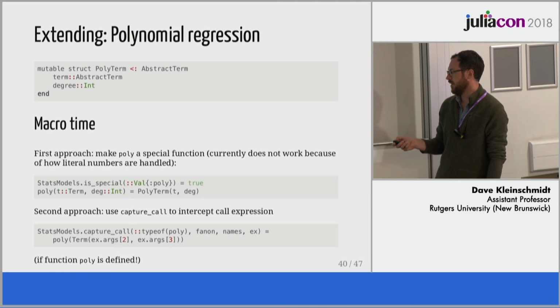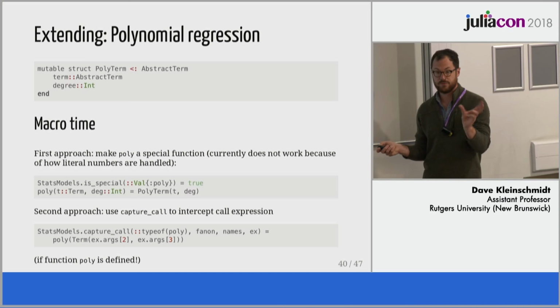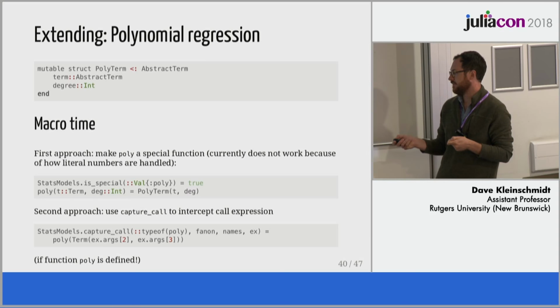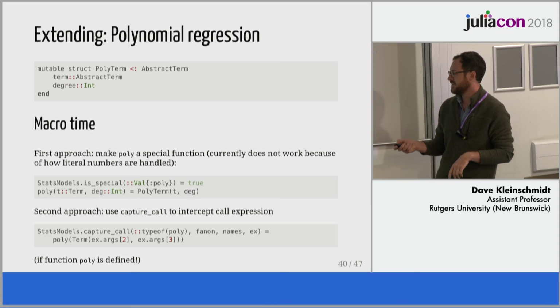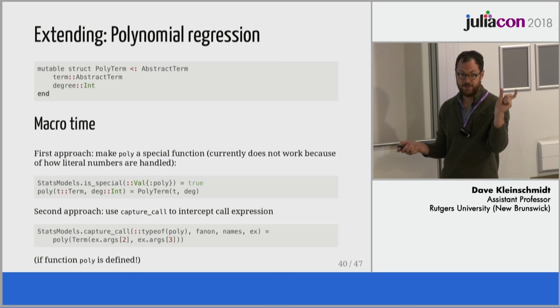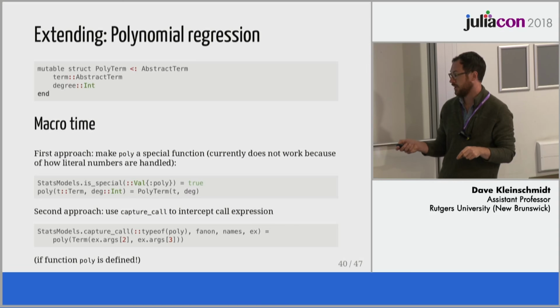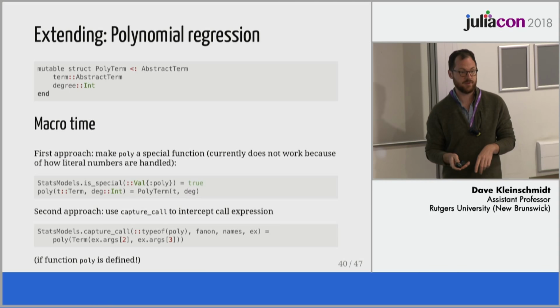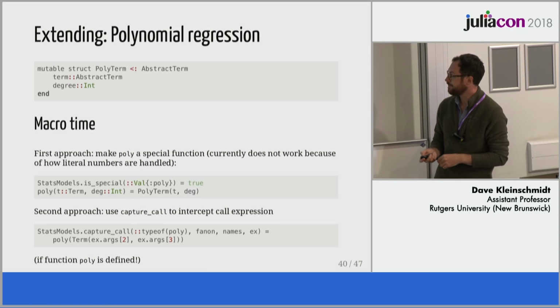We're just going to ignore the anonymous function in the names, and we're actually going to directly work with the expression AST that was pulled out of the formula. In this AST, the first arg is going to be poly, the function that was called. The second arg is going to be the symbol, which we're going to wrap in a term. I got the parentheses wrong here. And then we pass the third argument, the degree of the polynomial, to the constructor of our special term type.